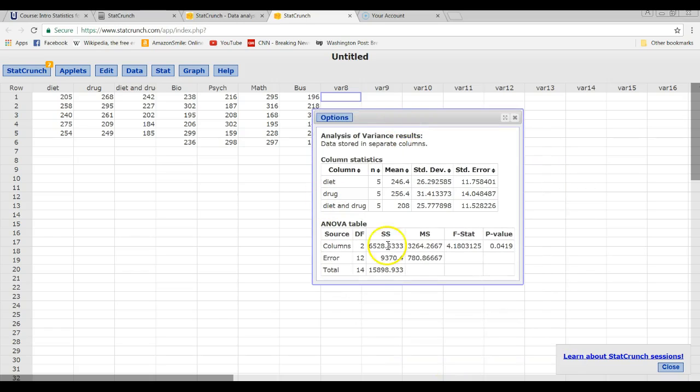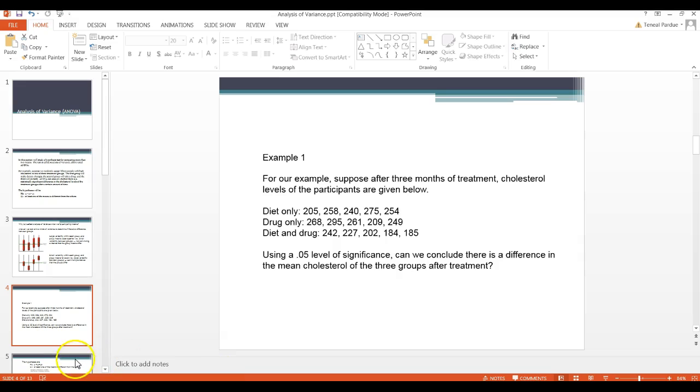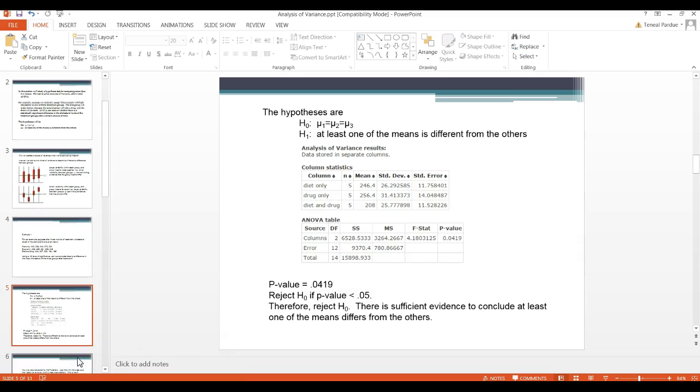When we do that, we get a bunch of results, which I've pasted over here. You do need to state what your hypotheses are. This time StatCrunch doesn't do that for you. But we've got our hypotheses, and our p-value is 0.0419.